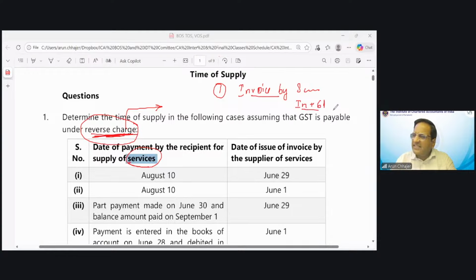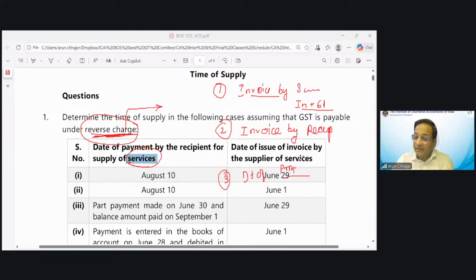And in case the invoice is required to be issued by the recipient, then the time is the date of payment, which is debited from the bank account of the recipient. Third is date of payment.